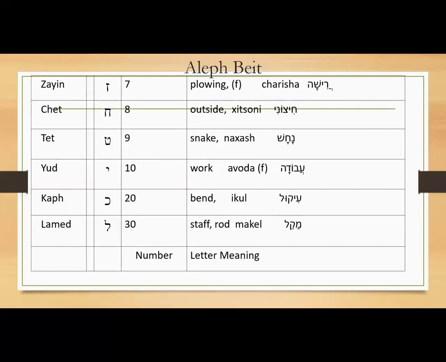If I say ani oved, I'm saying it in masculine. But if I say ani ovedet, you know immediately I'm a woman because I've used the feminine word for work. I haven't used the male, so I must be female.